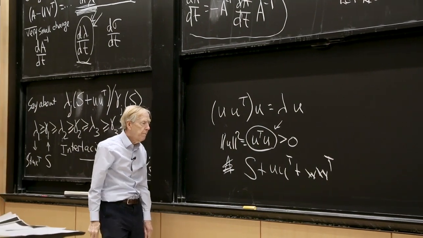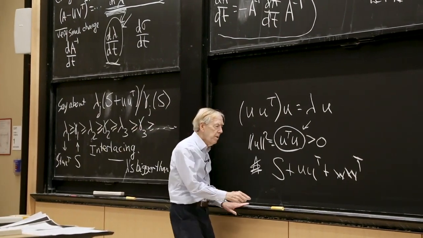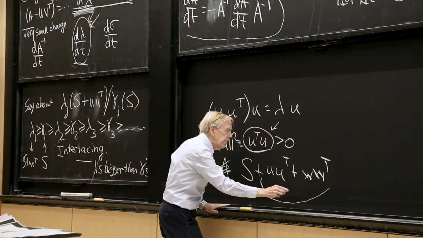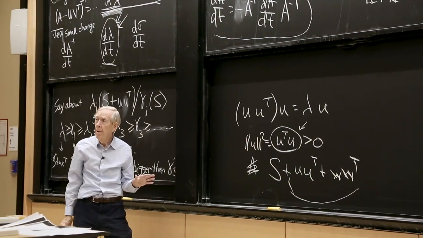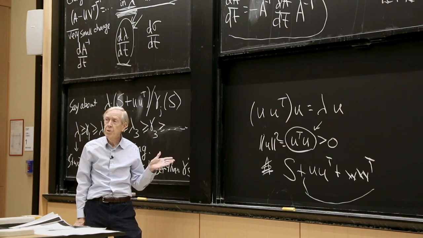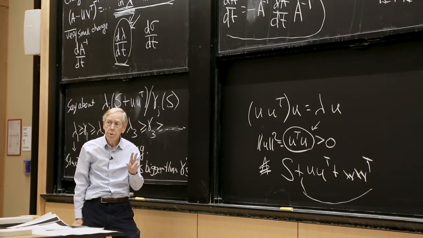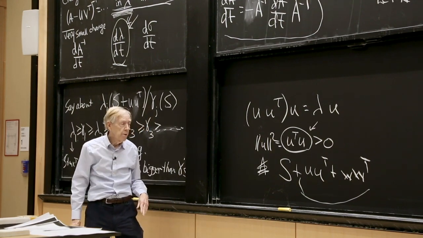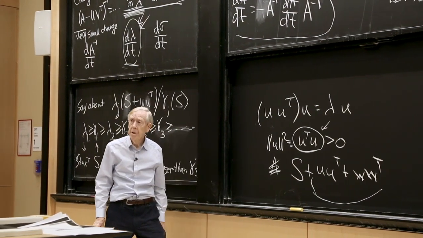Okay. So what's the deal here? What do I know about the change matrix, the delta S here? I know its rank is 2. I'm assuming U and W are not in the same direction. So that's a rank 2 matrix.